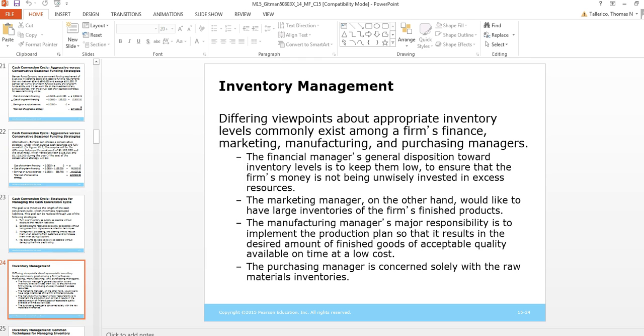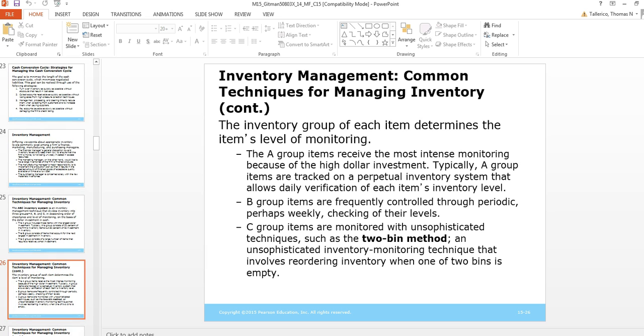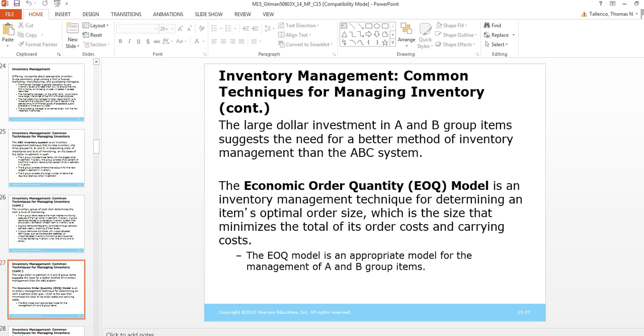All right, so now we move on to inventory management, and there's different methods of looking at inventory, right? So this is another important equation that you really have to know, and I emphasize the economic order quantity. It's an inventory management system for determining the optimal order size, right?